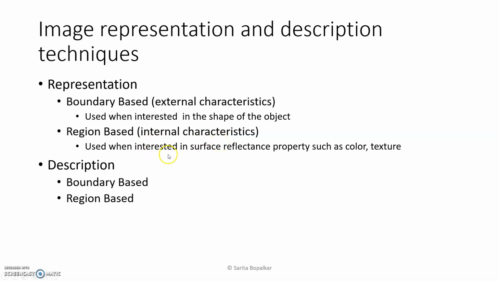When we are interested in surface reflectance properties such as color and structure, we use region based representation. From this representation, description is also boundary based and region based. In this video, we are discussing one of the boundary based techniques, that is chain code.